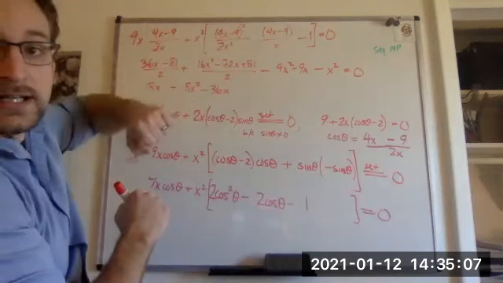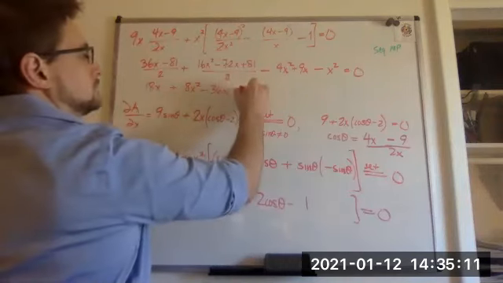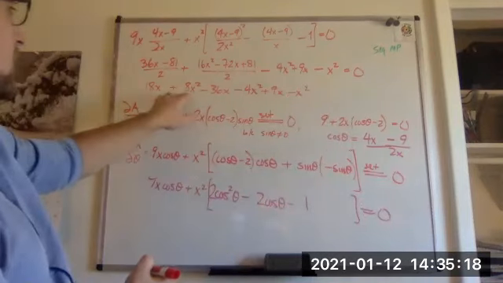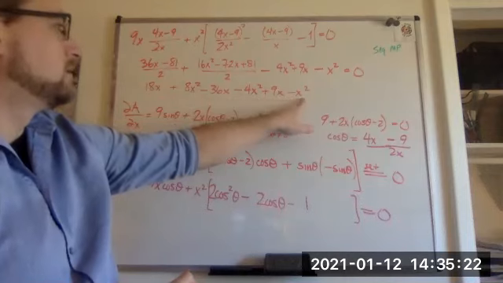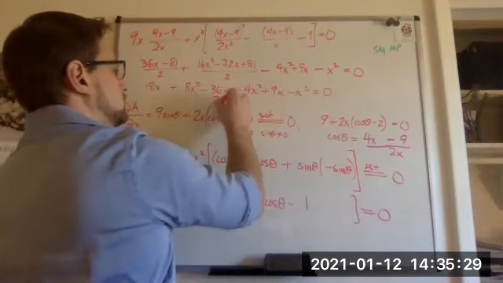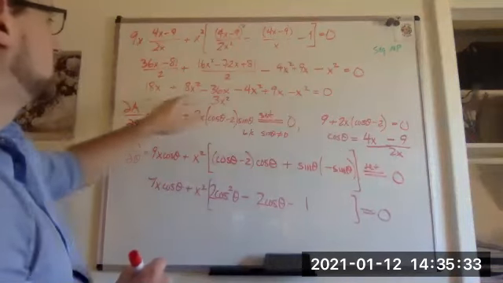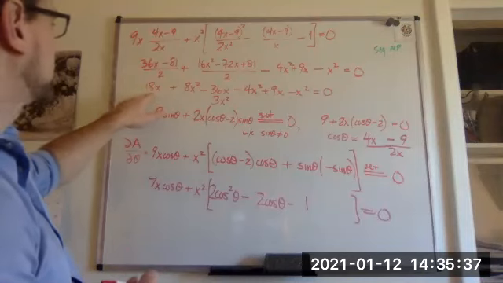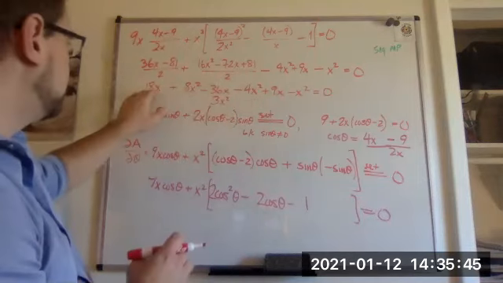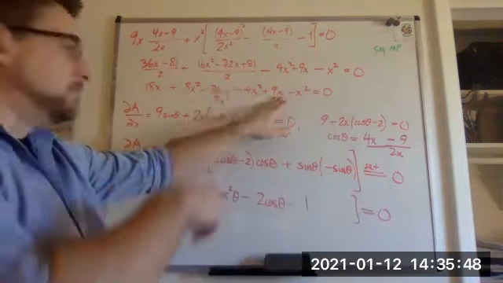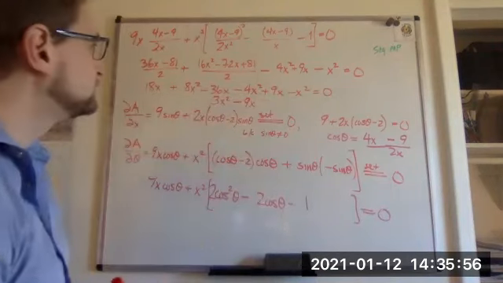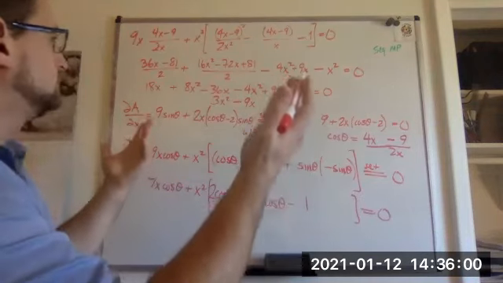Those 81s over 2 are going to cancel. 8 minus 4 minus 1 gets us 3 x squareds. 18 plus 9 is 27, minus 36 is negative 9. That's it.